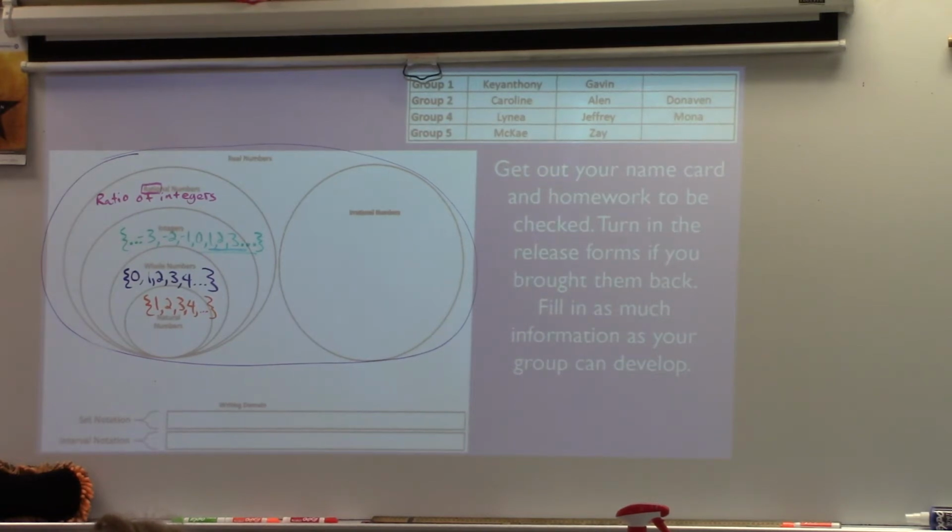Notice I am not able to list these because there's a lot of them and a lot of variations of them. Can anyone give me an example, though, of what a rational number might be?